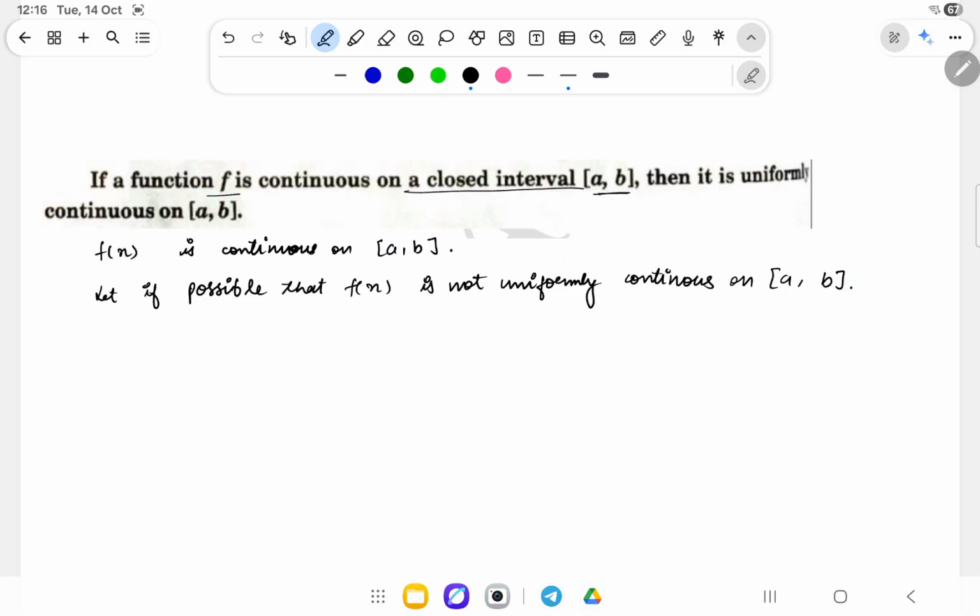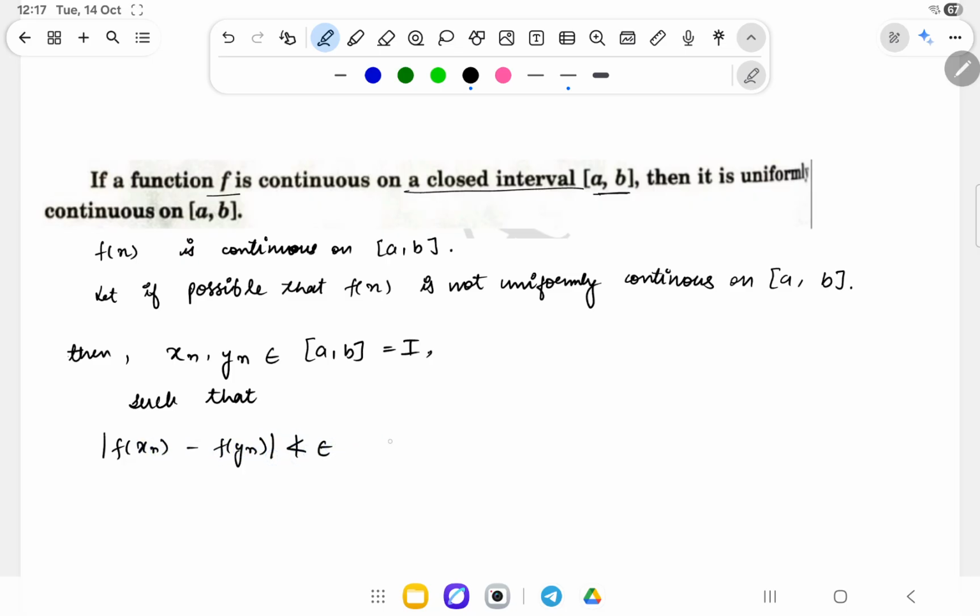If it is not uniformly continuous, then by the sequential criterion we should have two sequences x_n, y_n in the interval [a, b]. Let's name this interval as I. These two sequences are such that mod of f(x_n) minus f(y_n) is not less than epsilon when mod of x_n minus y_n is less than some positive number delta.